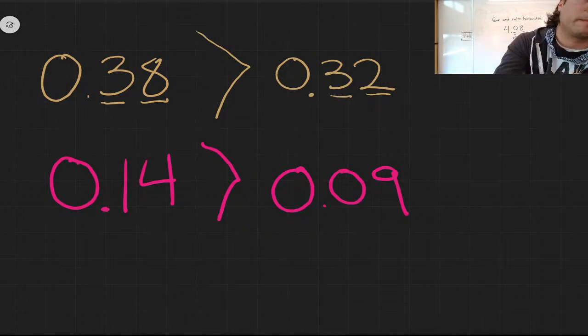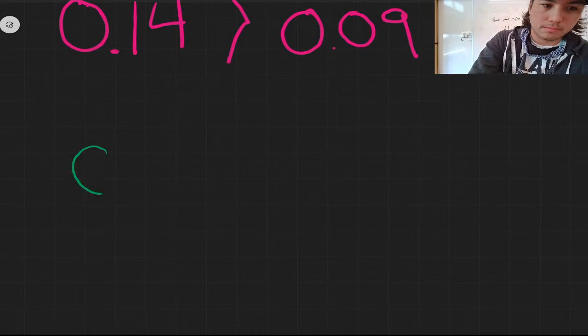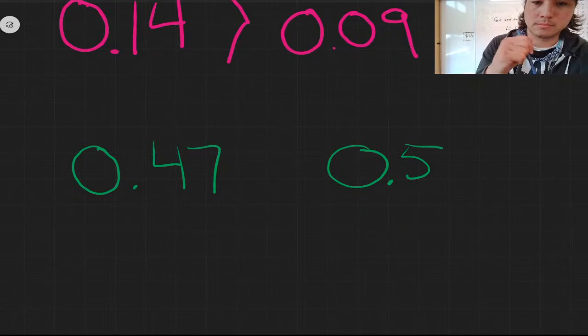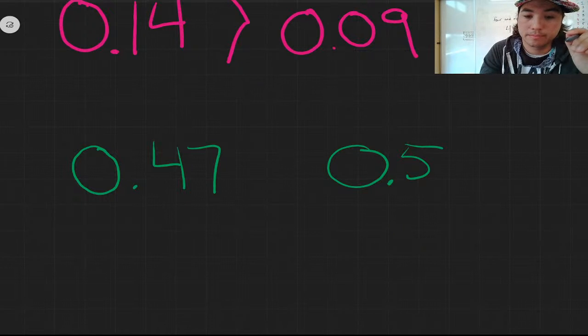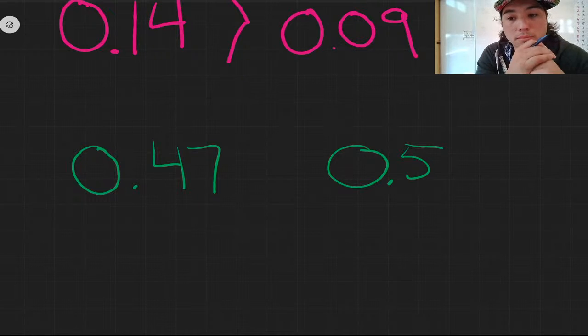Here's where it starts to get tricky. If we have something like this, we have 47 hundredths or 5 tenths. Which one is greater? And why? Let's think about this conceptually here.